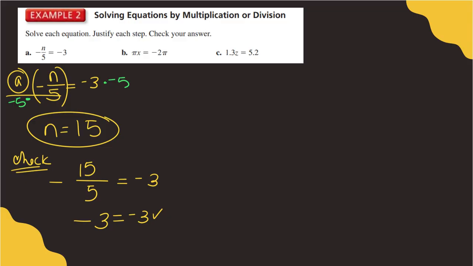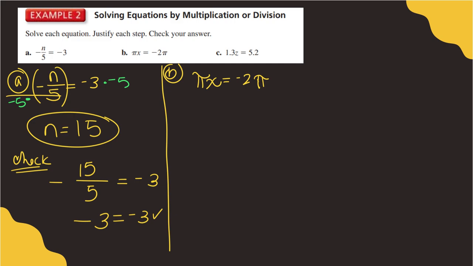In B, we're going to write the equation, which is pi times x equals negative 2 times pi. So we know we are multiplying here, so we're going to use the inverse division property of equality.